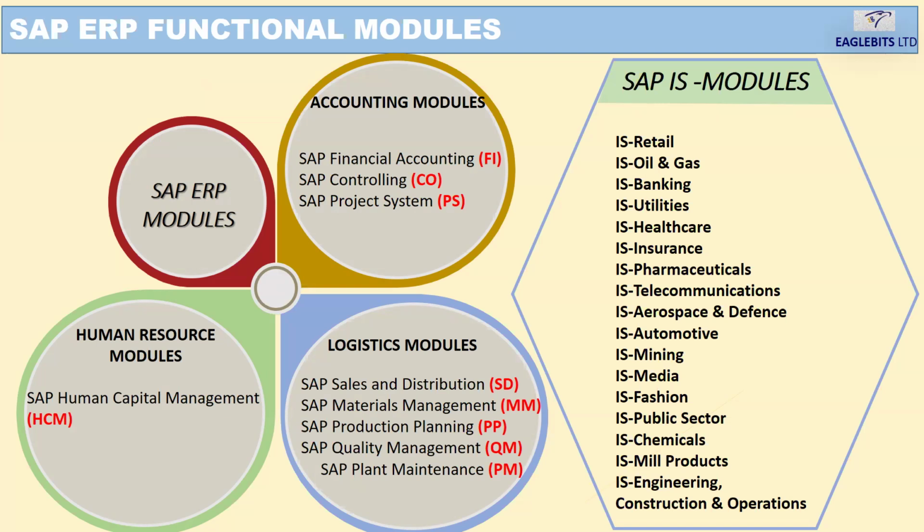So the SAP ERP modules: we have the accounting modules, which are SAP FI, financial accounting, SAP controlling, CO, and SAP project systems, PS. Then we have the logistics modules, which are SAP SD, sales and distribution, SAP materials management, SAP production planning, PP, SAP quality management, QM, and SAP plant maintenance.